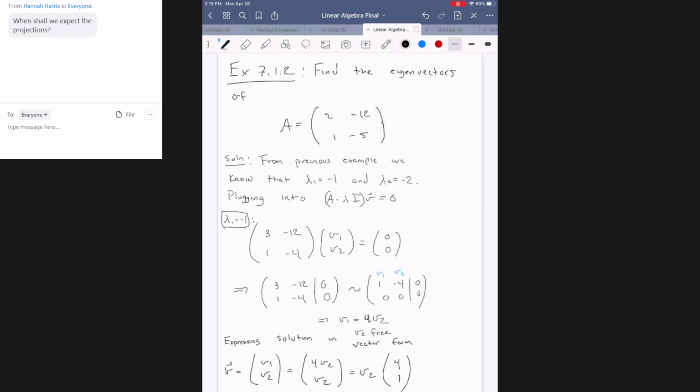It's just going to give you either the reduced form of the eigenvector or some constant multiple of it, and you can choose any of those to be your eigenvector. But if you express it this way, it's much easier to see what's going on. So for lambda equals -1, the eigenvector is (4, 1).